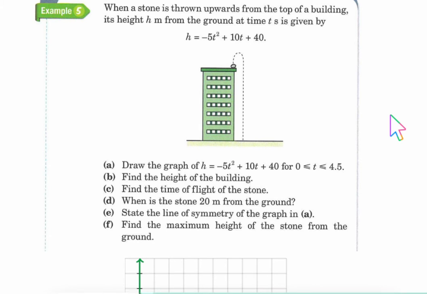And then they also want the line of symmetry for the graph and the maximum height of the stone from the ground. So again, this quadratic equation is used a lot in physics, because we can figure out all sorts of characteristics of a moving object with a quadratic equation. Go ahead and pause the video and try it on your own first.